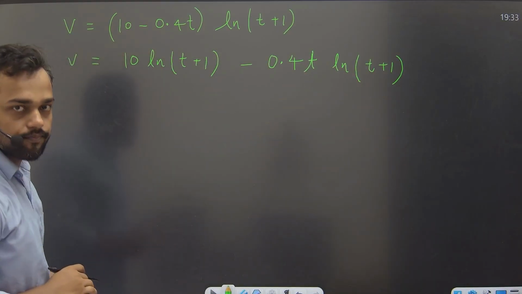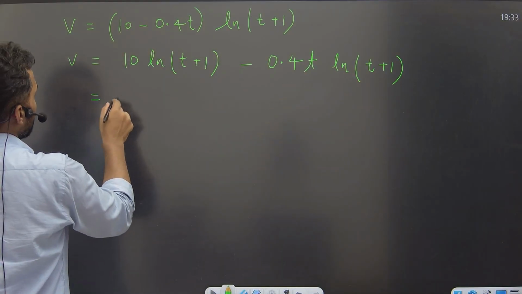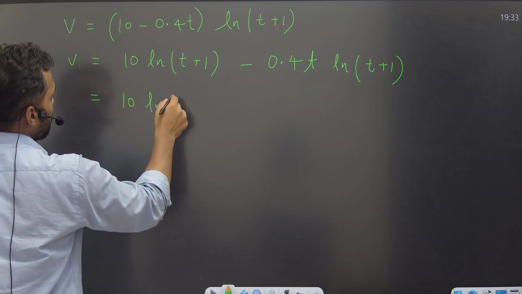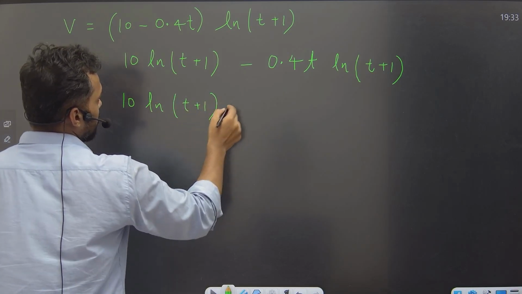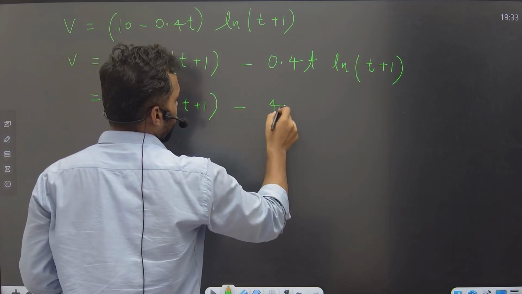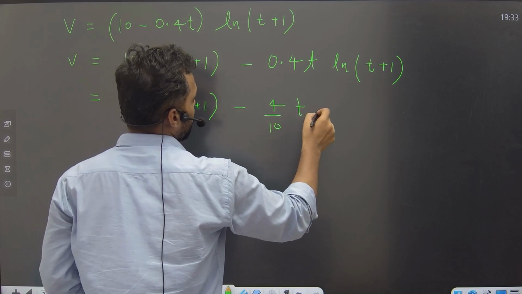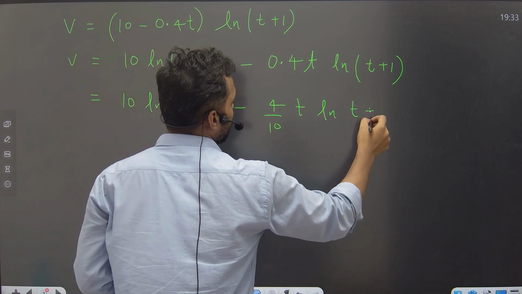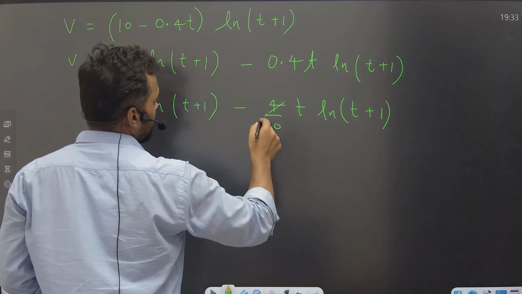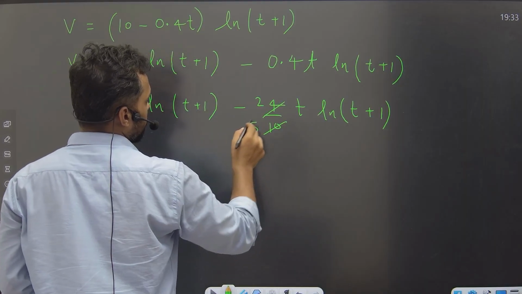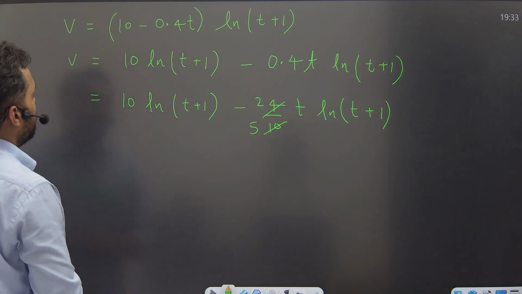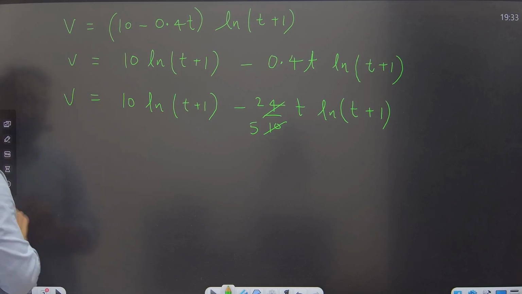This could be written as 10 ln(t + 1) − (4/10) t ln(t + 1), and on further calculation we get 2/5. We are getting this value as v.